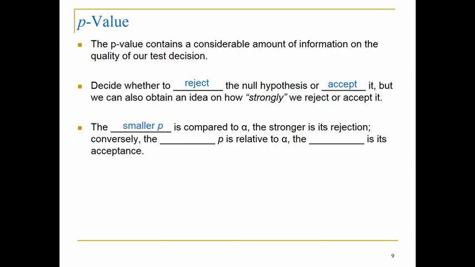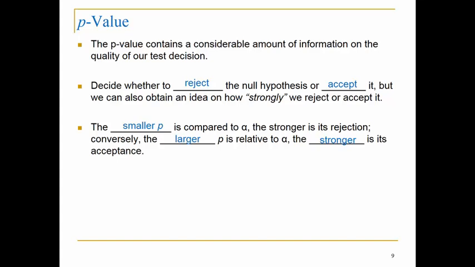So the smaller p is compared to alpha, the stronger is its rejection. Okay, so the smaller the p when compared to alpha, the stronger is its rejection. Conversely, the larger p is relative to alpha, the stronger is its acceptance.